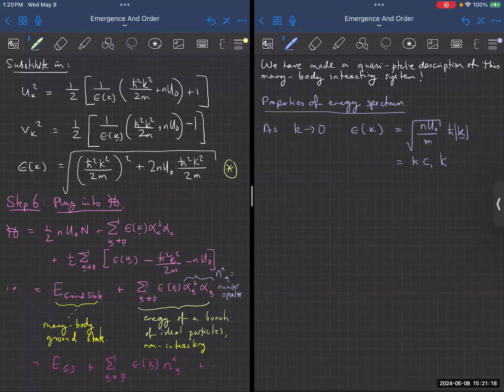So remember, if I have a sound wave, energy is h bar omega, so then I've got omega equals c times k, and so I can read off that this c1 is the speed of a wave of these phonons.